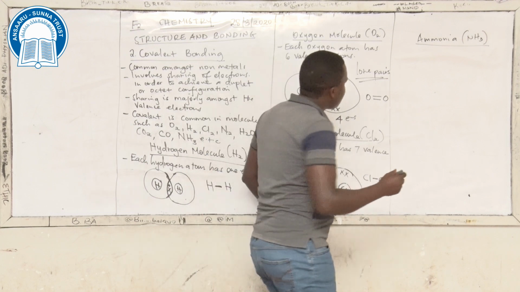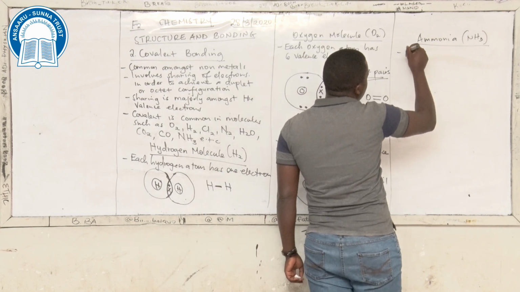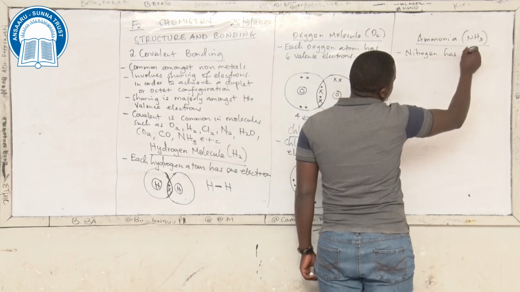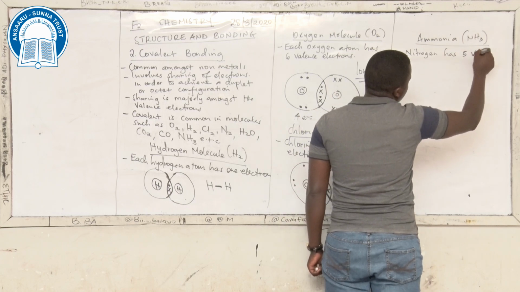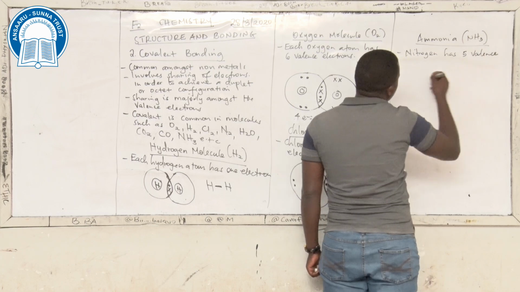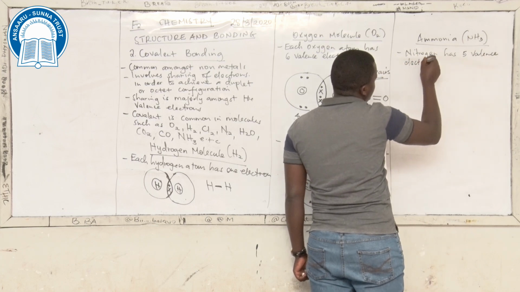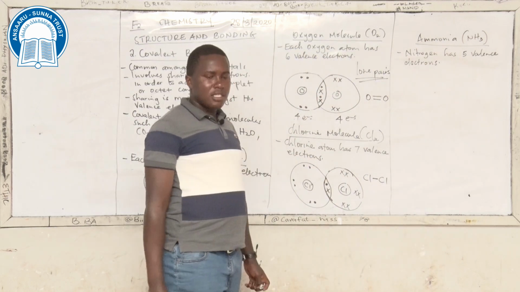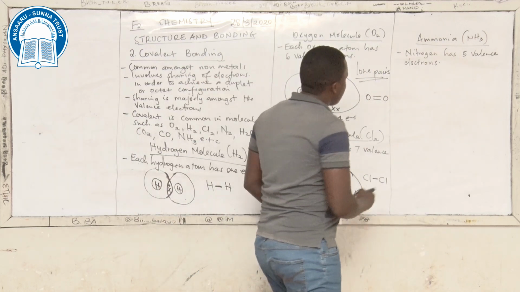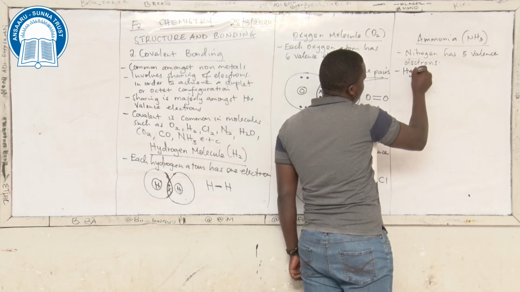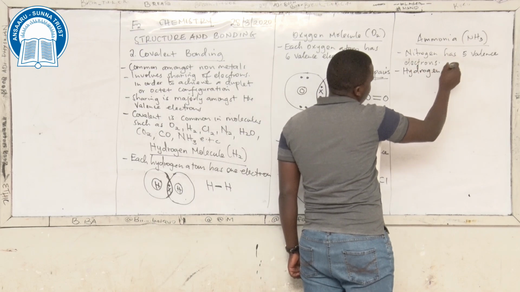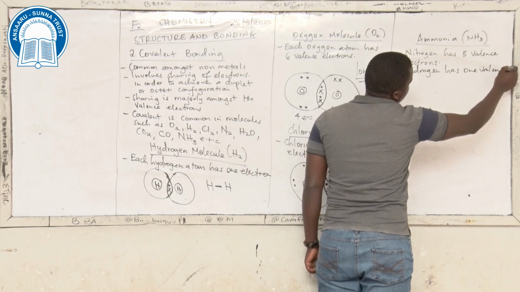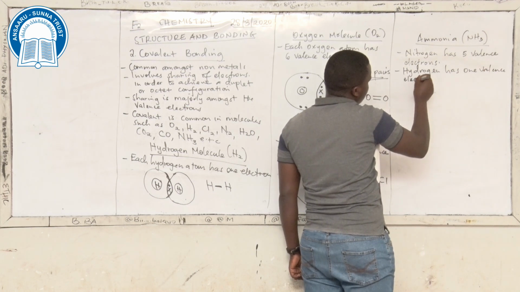So you know that nitrogen has 5 valence electrons, and hydrogen has 1 valence electron.